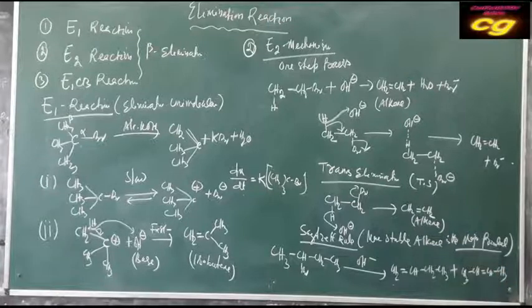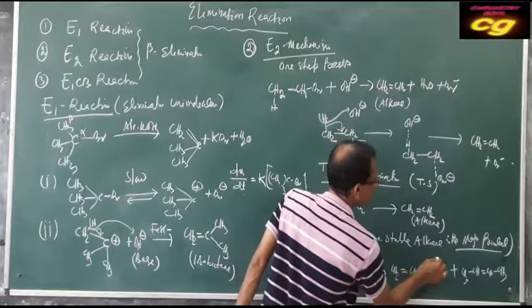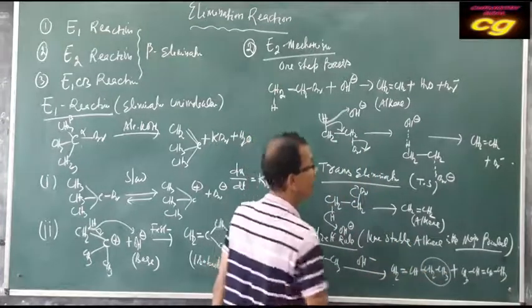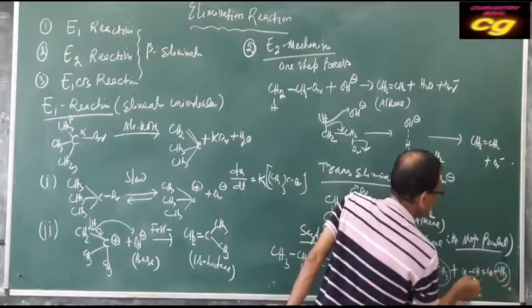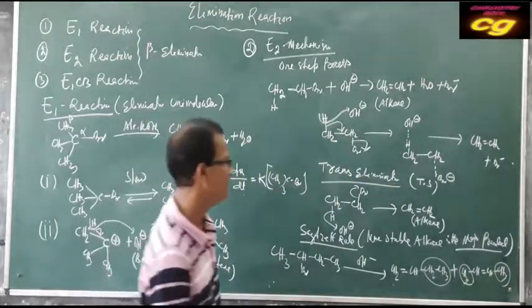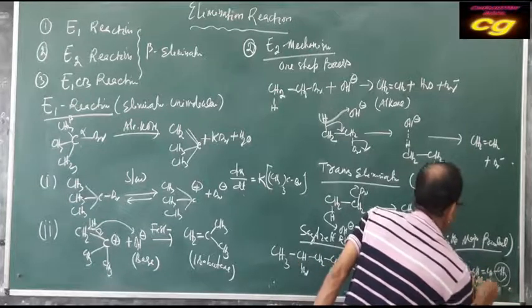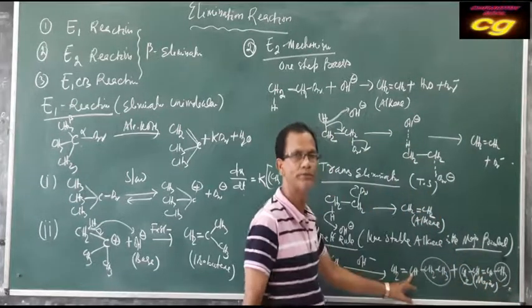If you see the alkyl substitution, here after the double bond one alkyl group is present, but here how many alkyl groups? 1 and 2. If the number of alkyl substituents is more, it is more stable. It is the major product, the more stable product, and the other is the minor product.